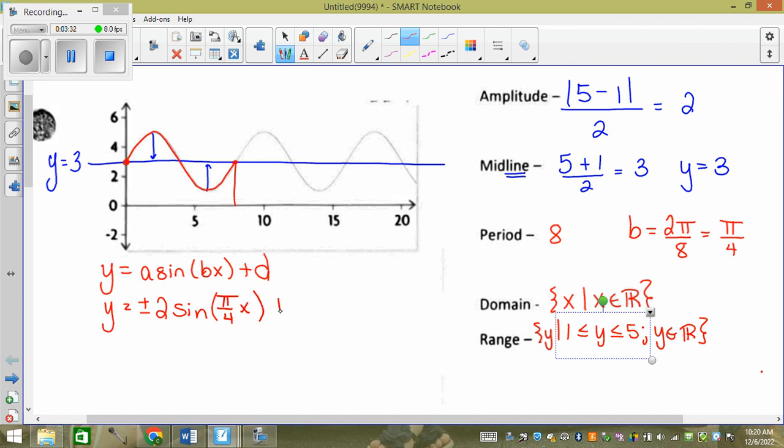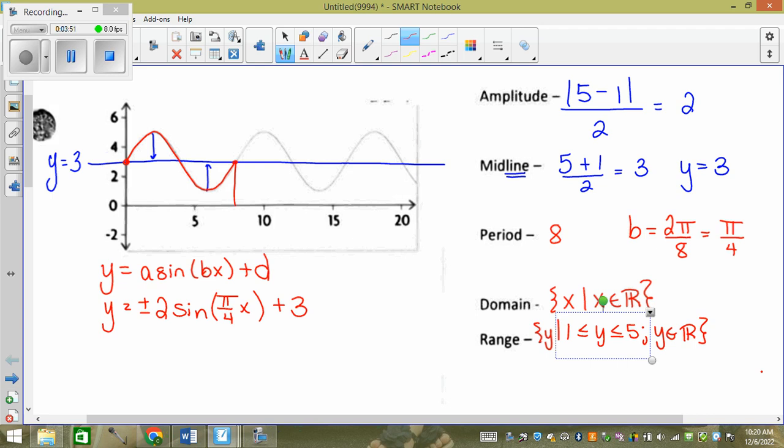And then what's our D? Midline, which is? Boom. Now I type in the positive into my graph. When I type the positive in, I get this graph. Remember, I would change my window from 0 to 20 for my x, and negative 2 to 6 for my y, and I would type in my y.